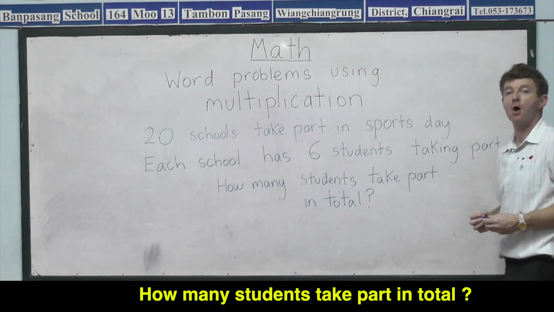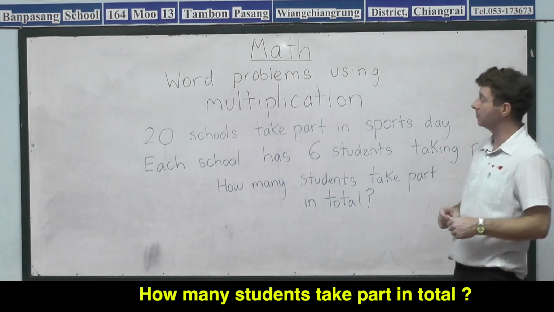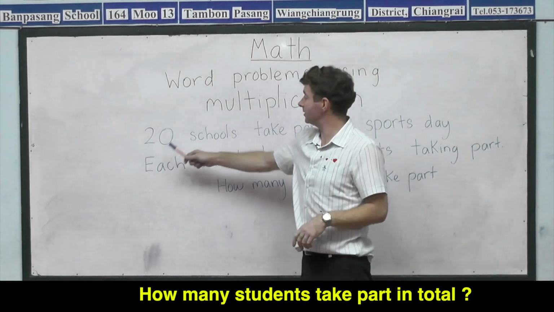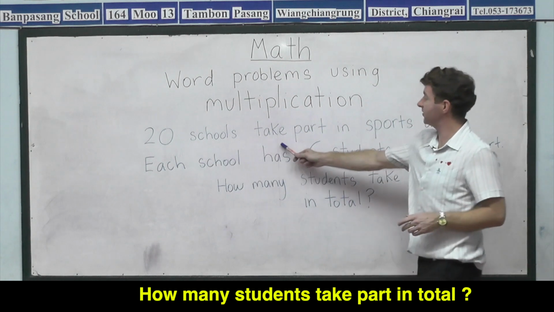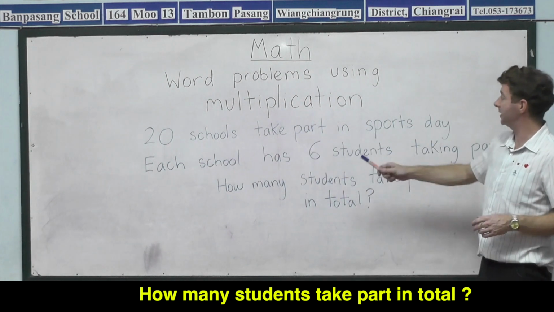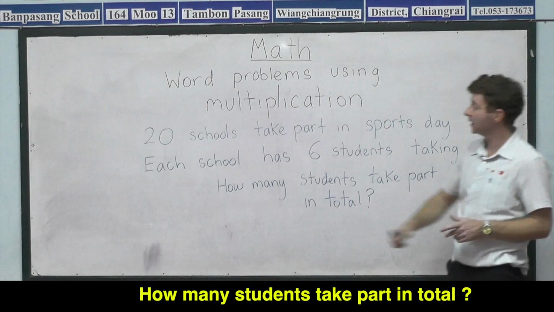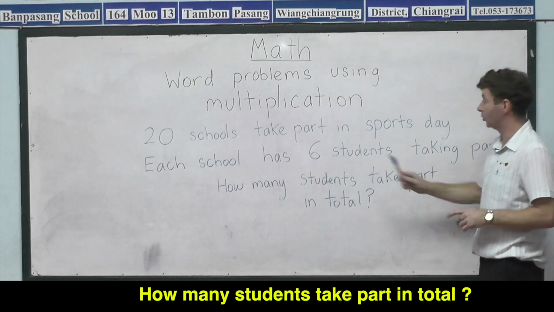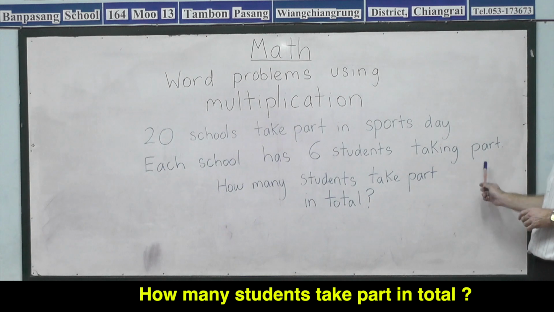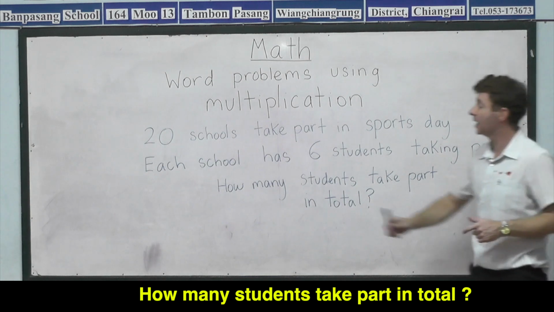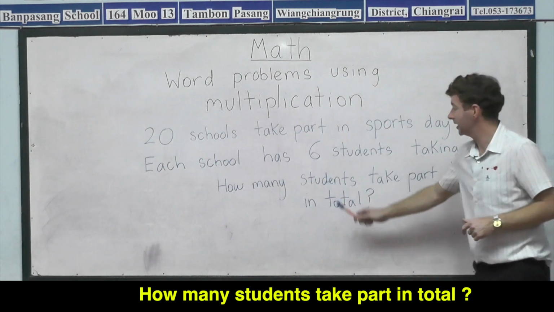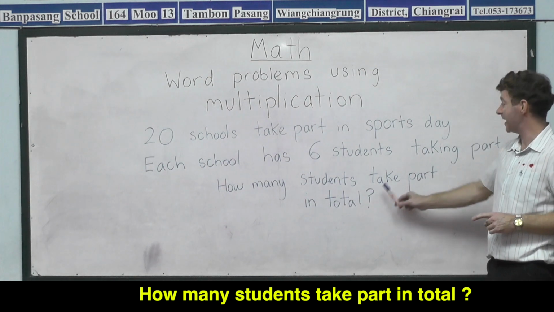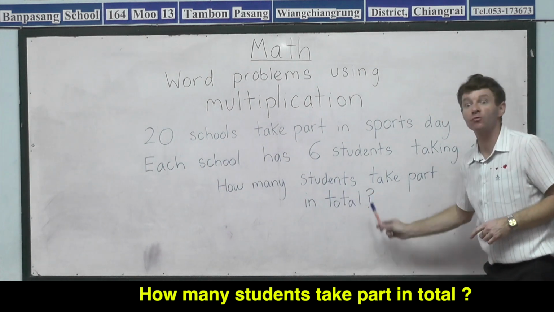Okay, there's our multiplication word problem. Let's read together. 20 schools take part in sports day. Each school has 6 students taking part. So, how many students take part in total?